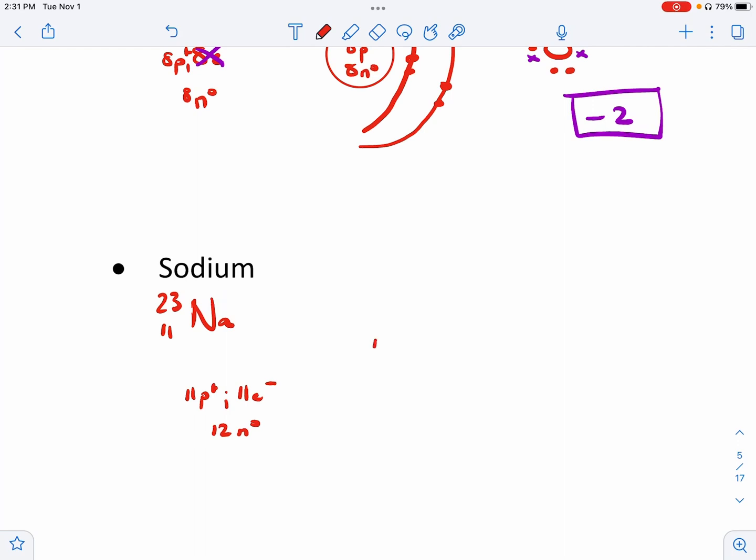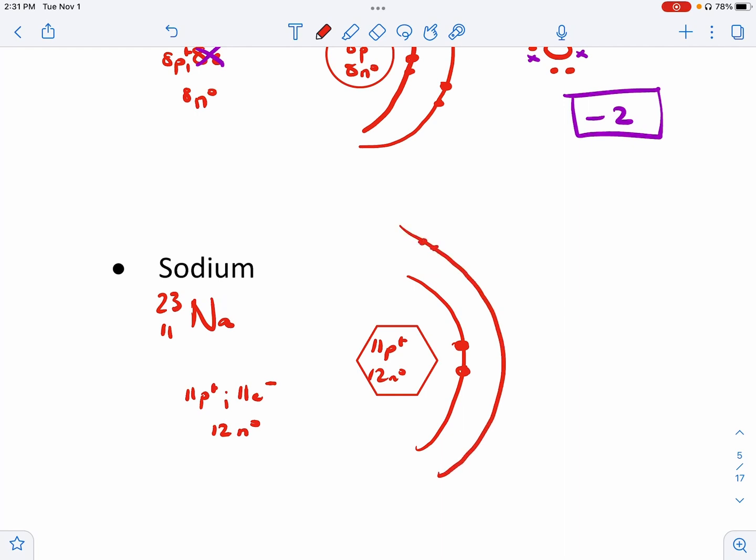So in the center, 11 protons, 12 neutrons. All right, first energy level 2, second energy level 2, 4, 6, 8, and then 1 out there.